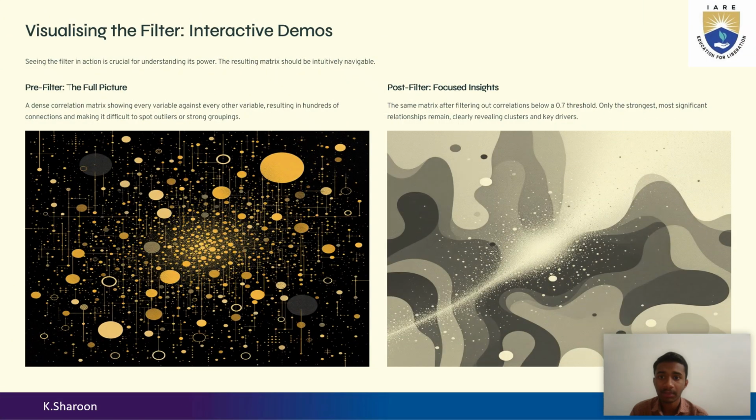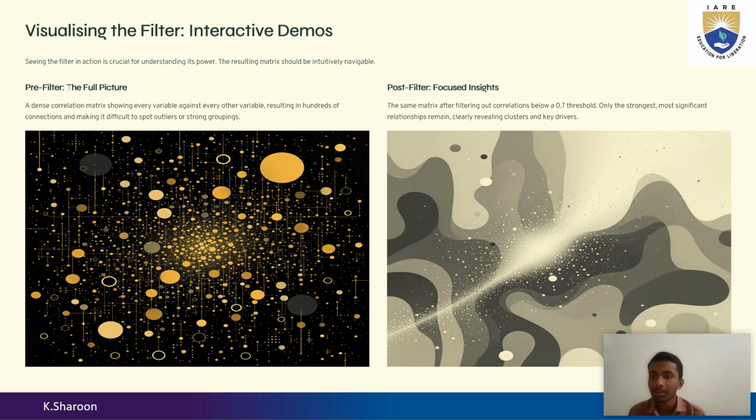Visualizing the filter: interactive demo. Seeing the filter in action is crucial for understanding its power. The resulting matrix should be intuitively navigable, and here they give a pre-filter and post-filter.